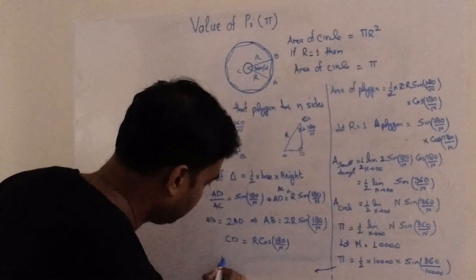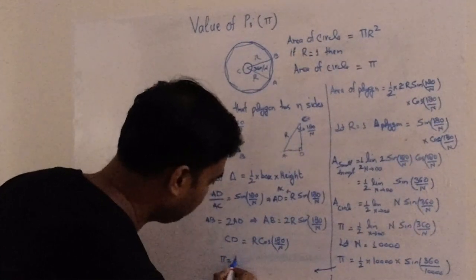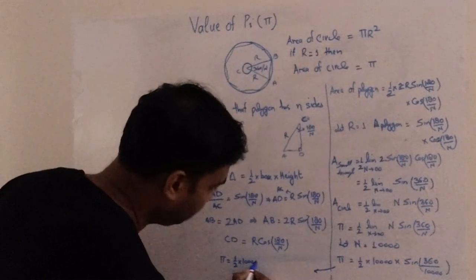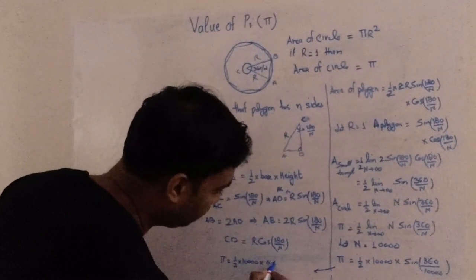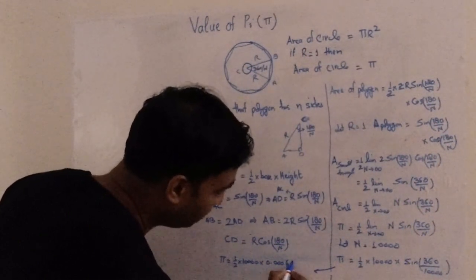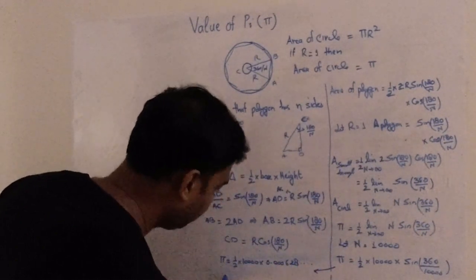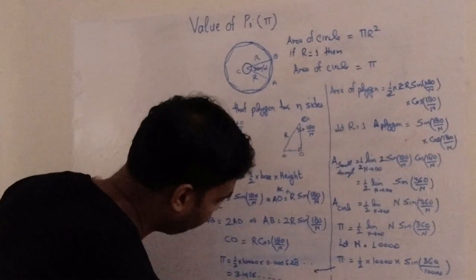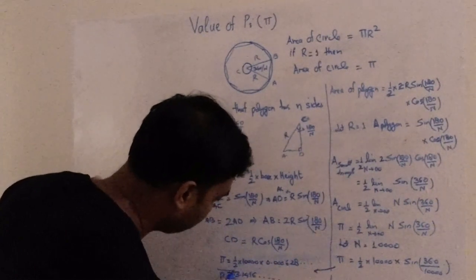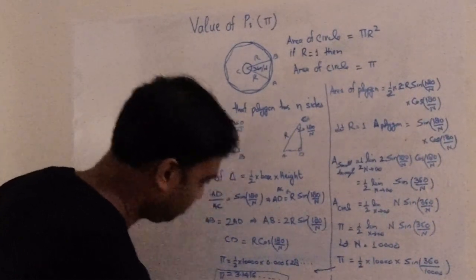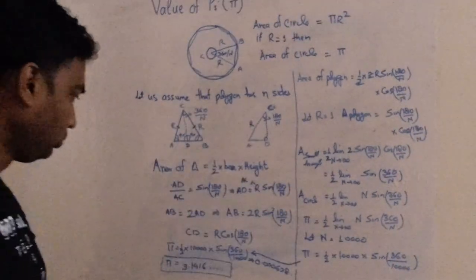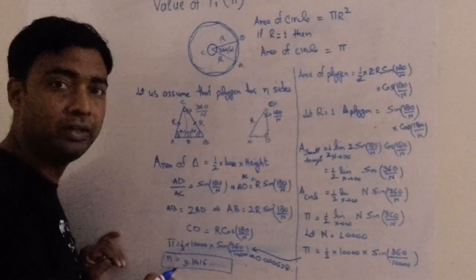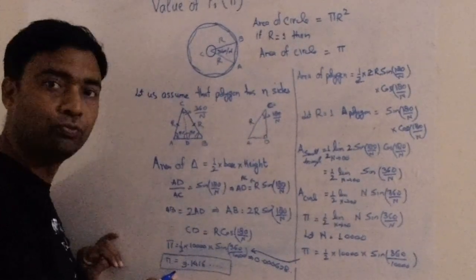So pi will be equal to 1 by 2 into 10,000 into 0.000628 and so on. So ultimately you will find the value is 3.1416 and so on. So we have calculated the value. You can see that the value here is 3.1416.